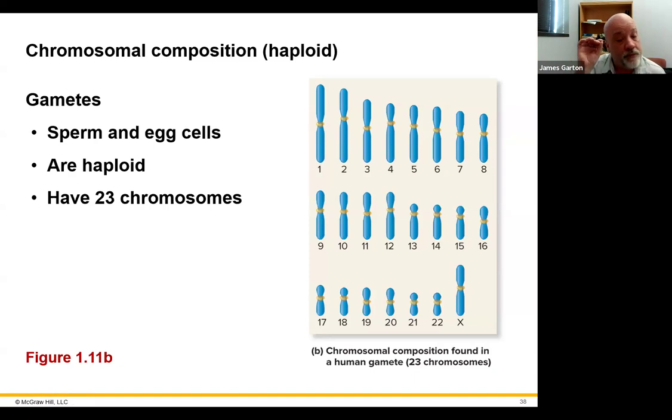And if the machinery that makes the gametes functions without error, you should have one copy of every single chromosome in a gamete for a total of 23. And when the two gametes fuse with each other, they go back up to 46.